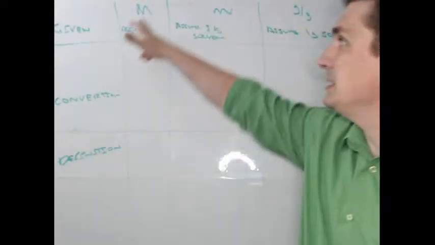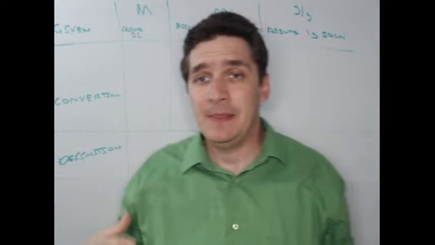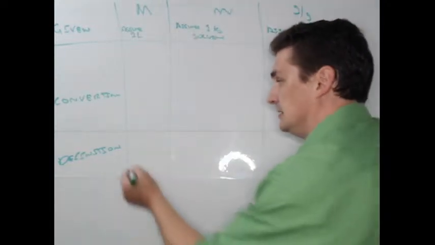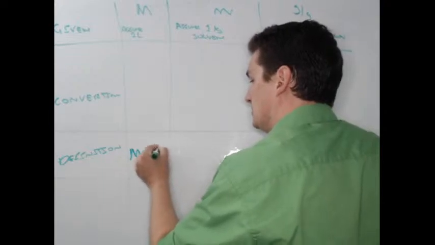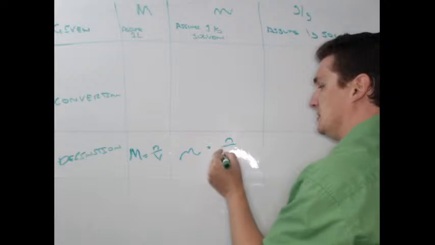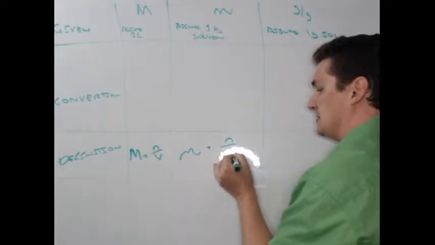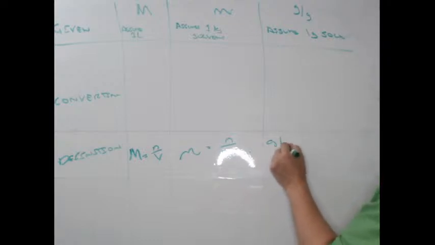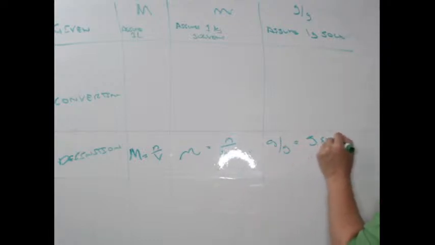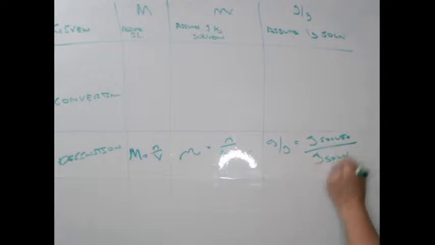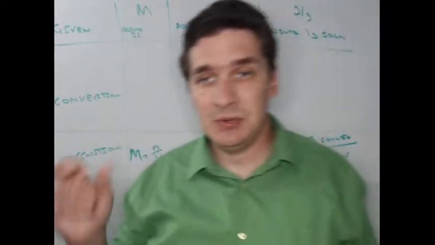If we have a molarity and 1 liter of solution, that tells us how many moles we have, because by definition, molarity equals moles over volume. Molality equals moles over the kilograms of solvent. And your weight fraction is grams of solute per grams of solution.